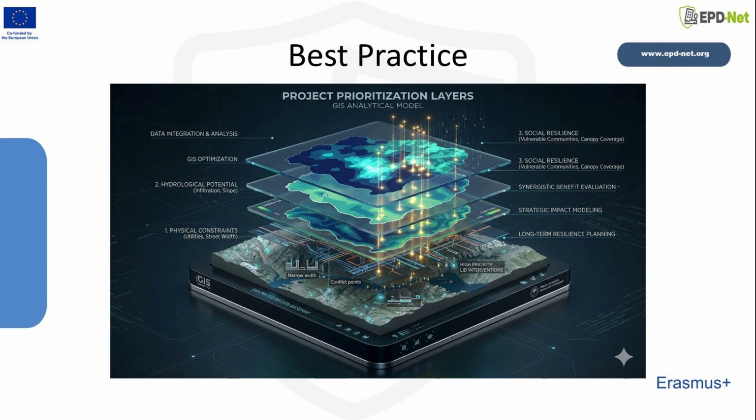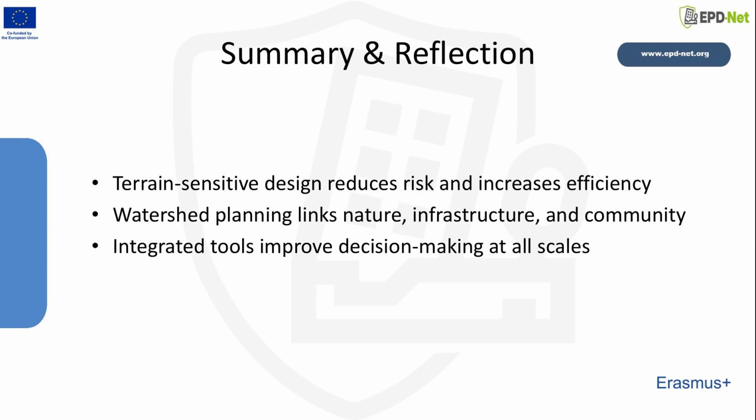This shows that watershed planning can support environmental resilience, social equity, and climatic performance at the same time. The lesson here is that integrated project prioritization helps decision-makers identify interventions that are not only technically sound, but also socially and ecologically meaningful.